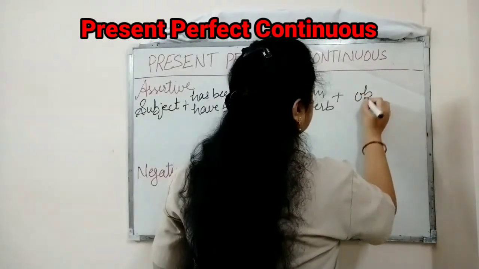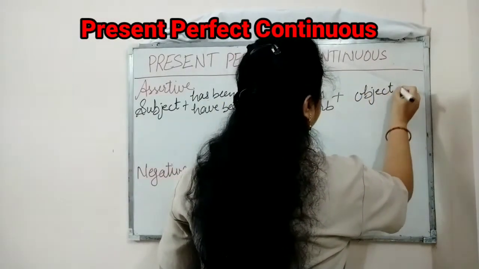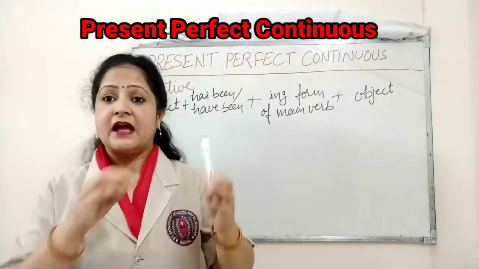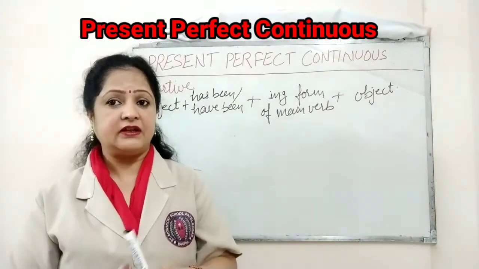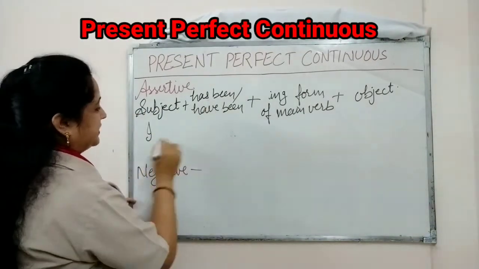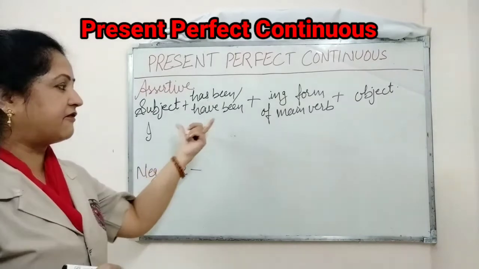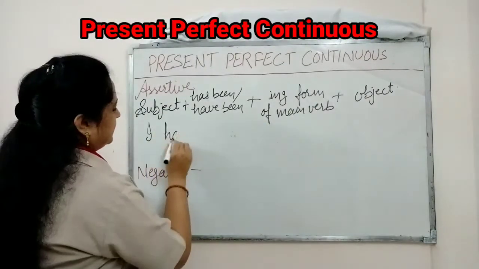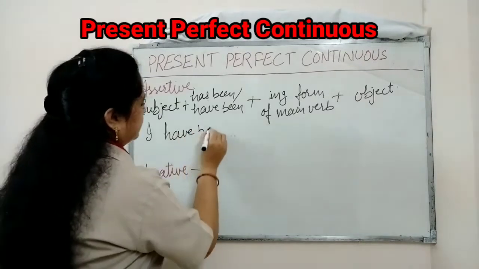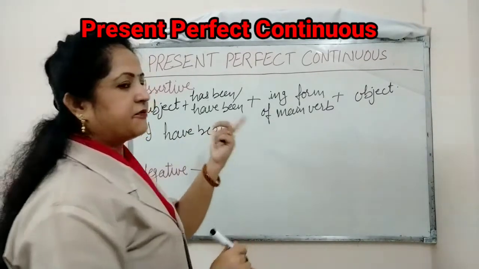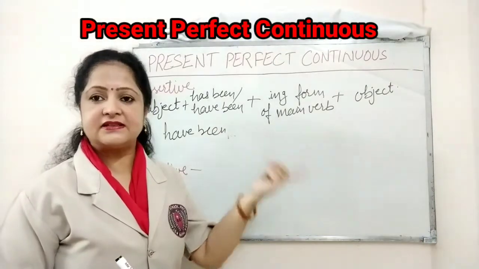Okay, so let's take one example to understand it. The example that I am writing is: I have been. I is the subject. Okay, I have been. We always use have with I. Now here, ing form. I have been. The ing form of wait is waiting.